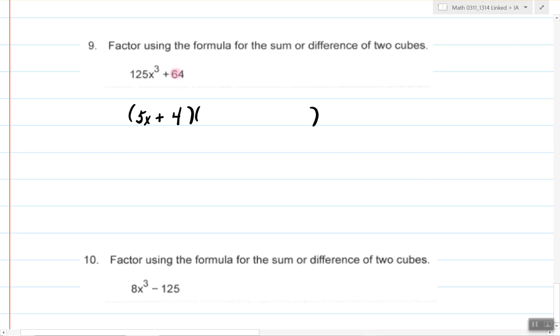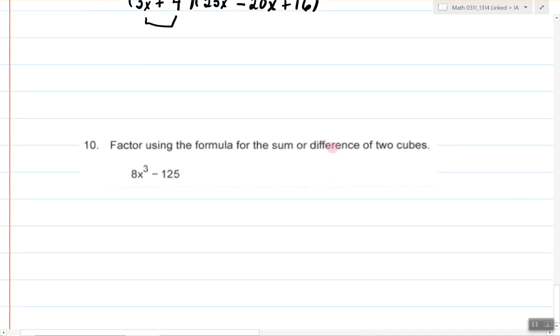It is a perfect square, but it is also a perfect cube. Now square 5x times 5x is 25x squared. Change the sign. Product, 20x. Square the last one, plus 16.